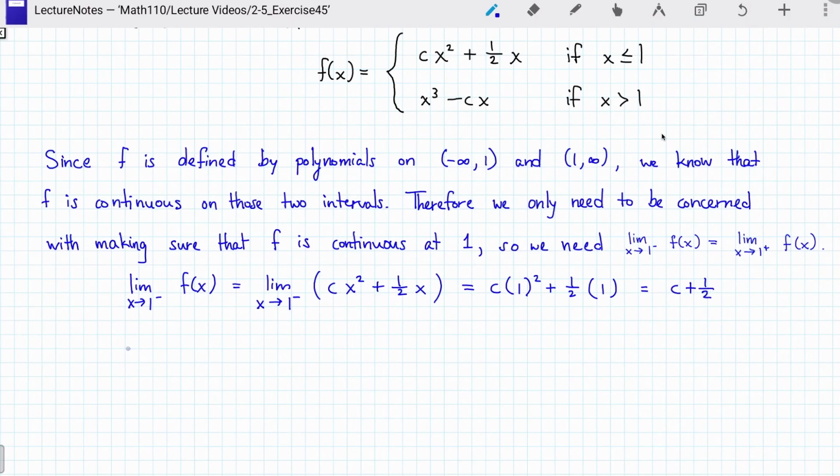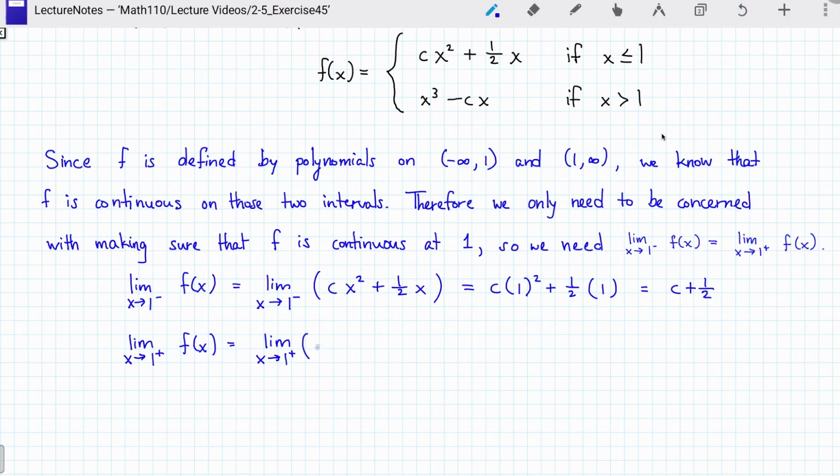So now calculating the right-hand limit as x approaches 1 from the right, from values of x that are greater than 1, of f of x. I'm going to rewrite that limit notation. Now if x is greater than 1, I'm in this part of the domain, so I'm going to use the second formula for the definition of f.